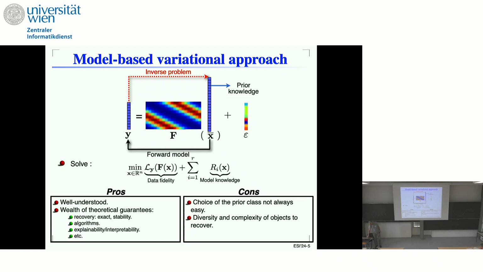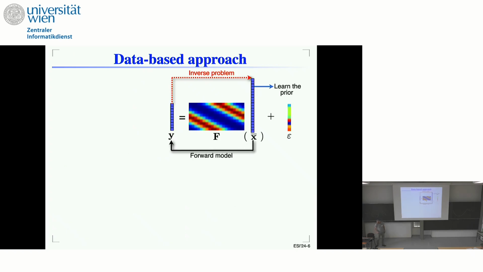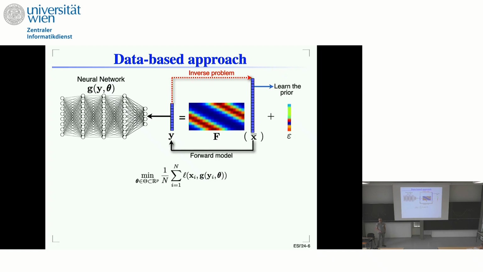Then people started moving in the last 10 years or so to data-based approaches. Here the idea is quite simple: put a neural network, with the observation at the input, and let the neural network be a sort of universal approximator of your object x bar. I'm going to call the neural network G, and G has an input y, and it's parameterized by parameters theta, which are basically the weights and biases.